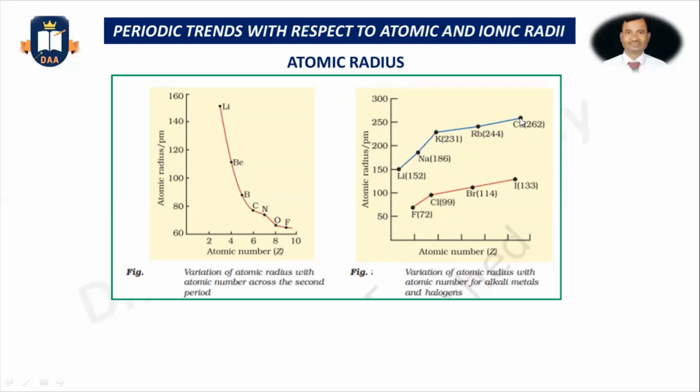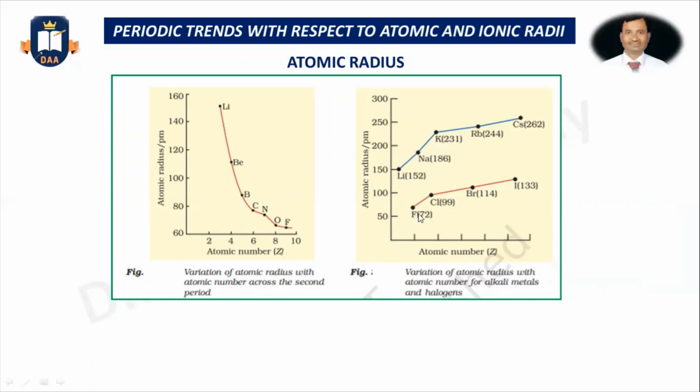From the previous discussion, we know that along the group, if you come down, the atomic radius increases. So from this curve also, with increasing atomic number, from lithium the atomic radius increases for sodium, and then again increases for potassium, and so on.